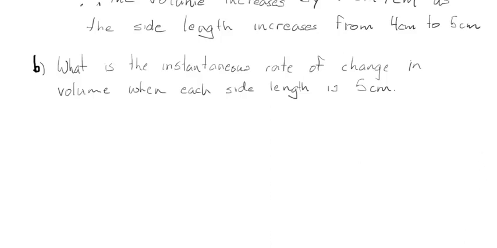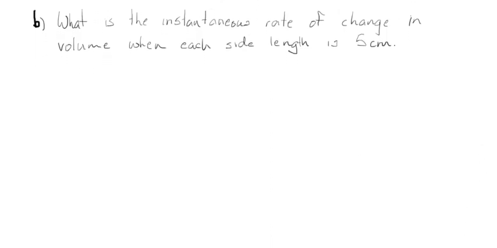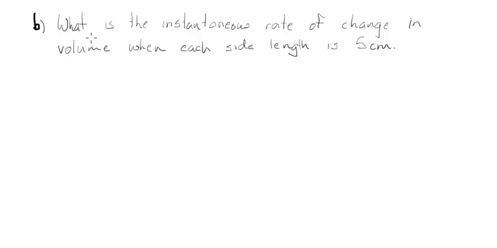Okay, so here's a second example. Same cube, which is increasing, but it's an instantaneous rate of change question. So we want the instantaneous rate of change when the side length is 5, or when x equals 5. We're still looking for the rate of change of volume with respect to side length, but we want the instantaneous rate of change, so we need to use the limit definition.